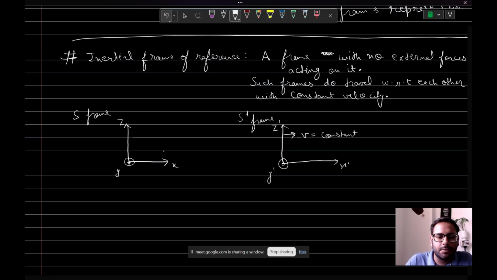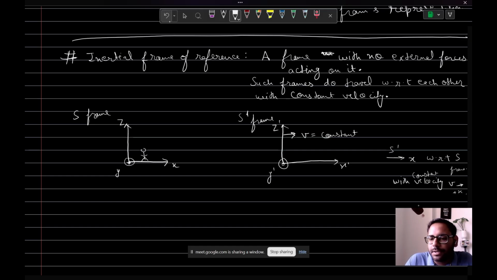Suppose you are here on the S frame, you will see the S prime frame going away in this x direction with a constant velocity v, in the positive x direction.